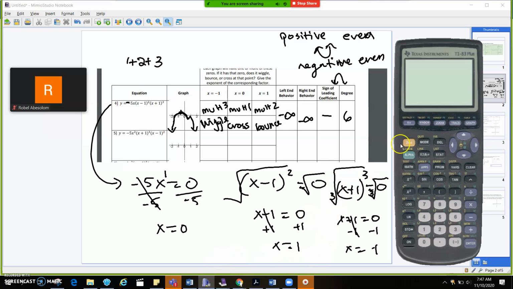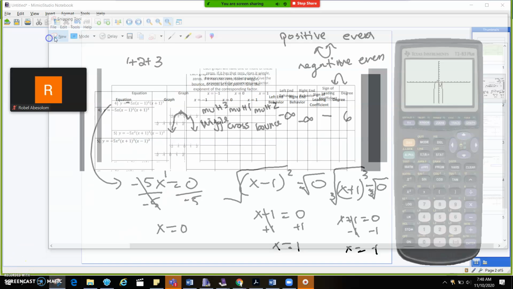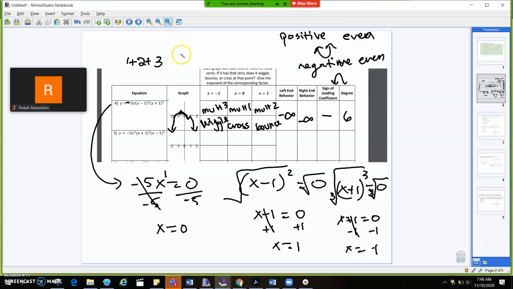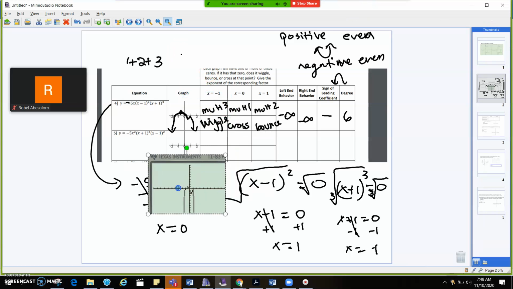So if I go into my graphing calculator and I hit y equals and I type the original function in, x plus 1 raised to the third power, and I graph that, look, for people who are online, my graph looks almost identical to my awesome drawing, right?